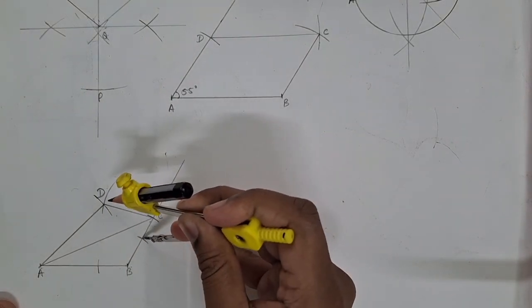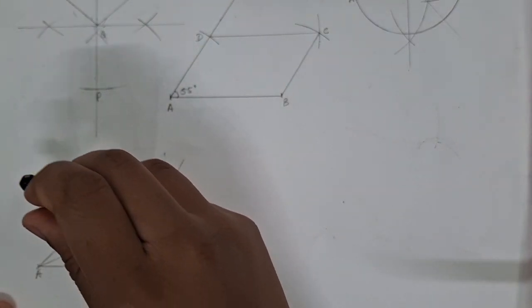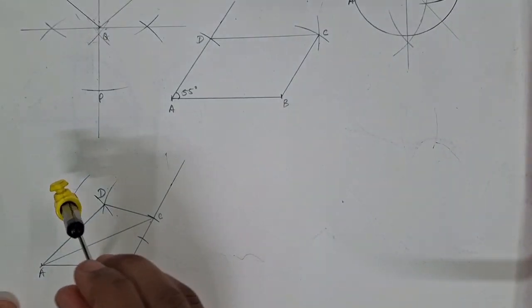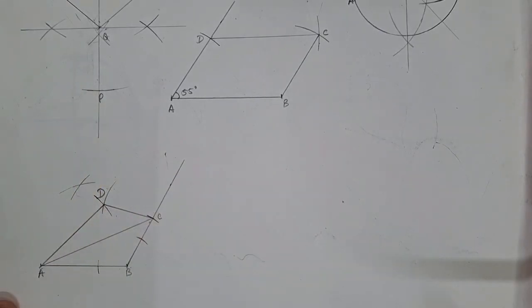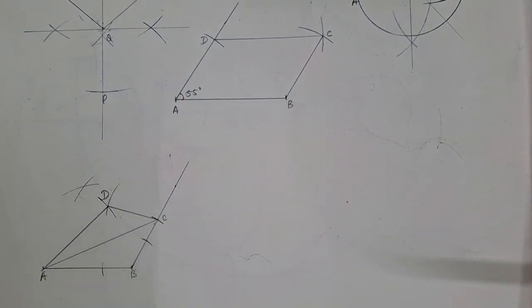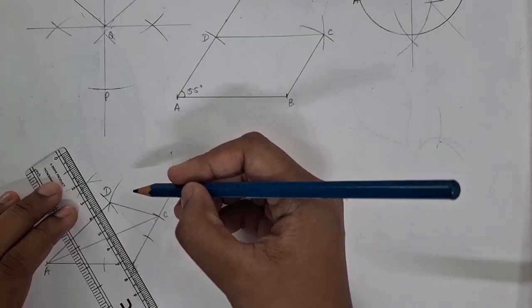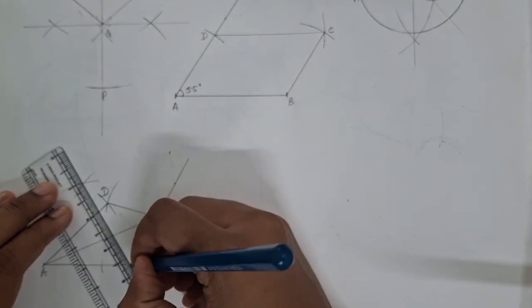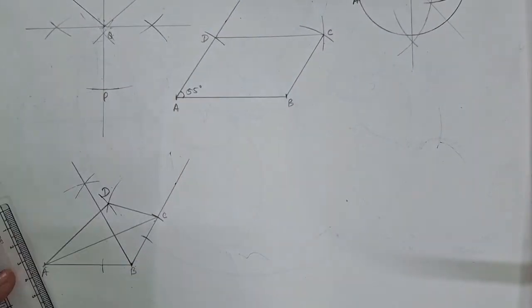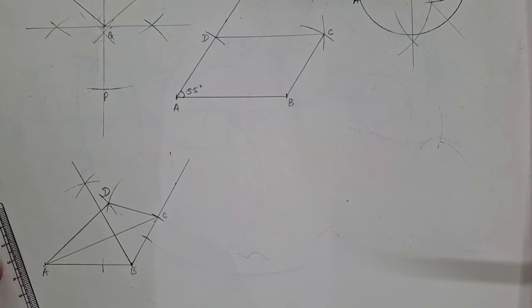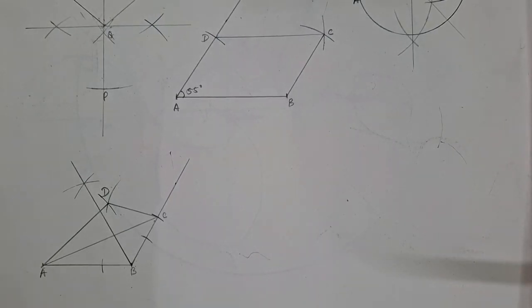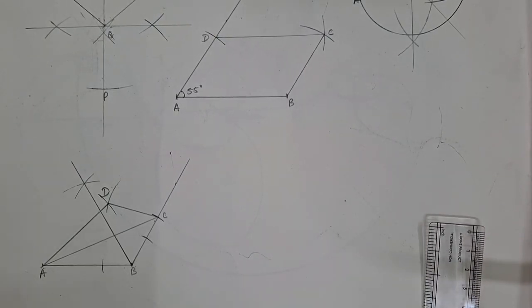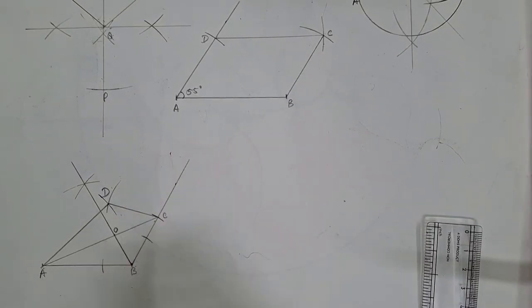Now with these 2 points, I will take slightly bigger radius, keeping the same radius with both the points, making 2 arcs and join it with point B. You should get used to the process of line bisection and angle bisection by now. Now I've got a new point, that is O.